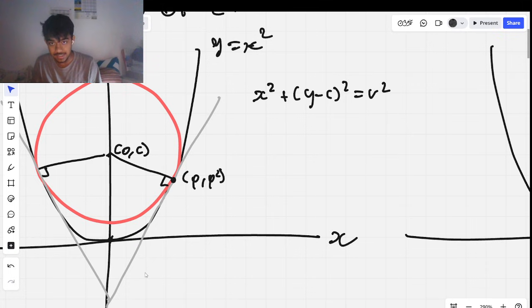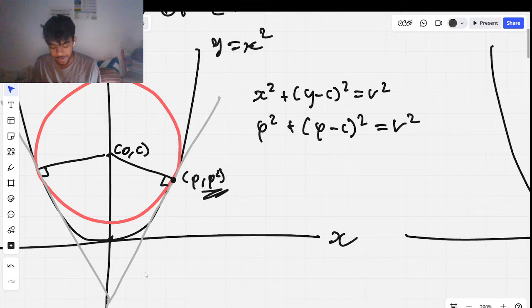I can plug in this point here because I know it lies on the graph. It's going to be p squared plus (p squared minus c) squared equals r squared. Now, the only thing I have left to do is to write p in terms of c.